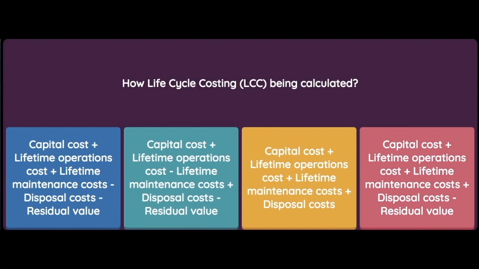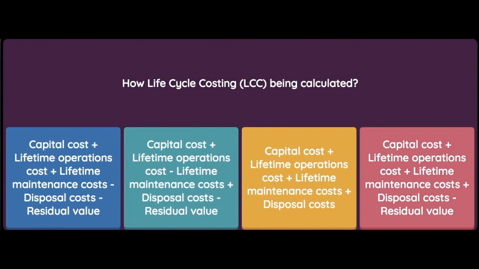Number 3. Capital cost plus lifetime operation cost plus lifetime maintenance cost plus disposal cost. And number 4 is capital cost plus lifetime operation cost plus lifetime maintenance cost plus disposal cost minus residual value.